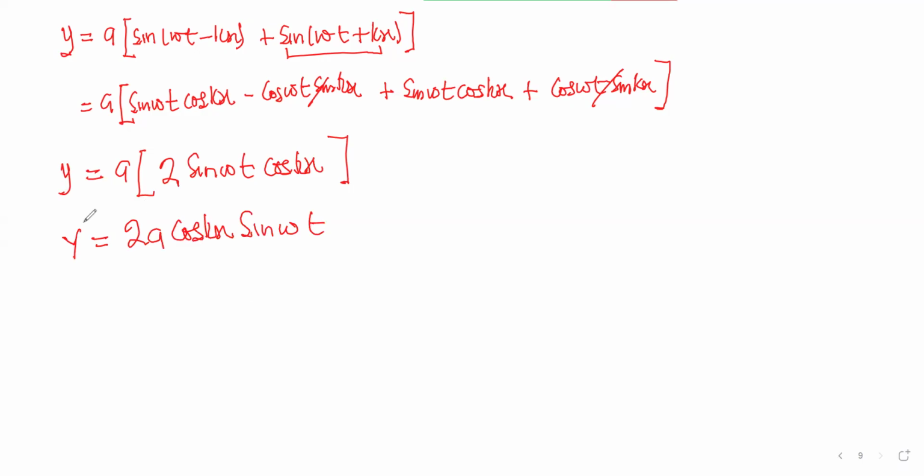This is the stationary wave equation for a rigid barrier or boundary. A rigid boundary.